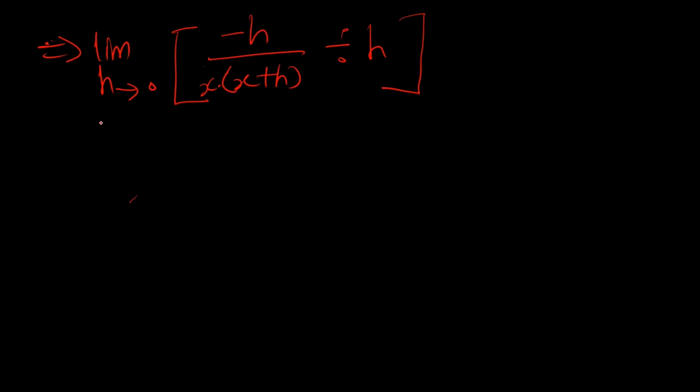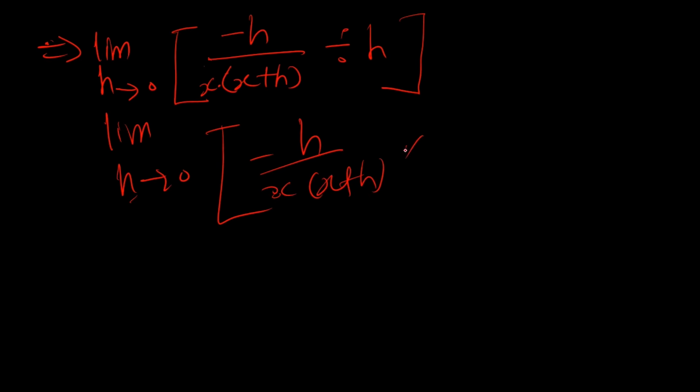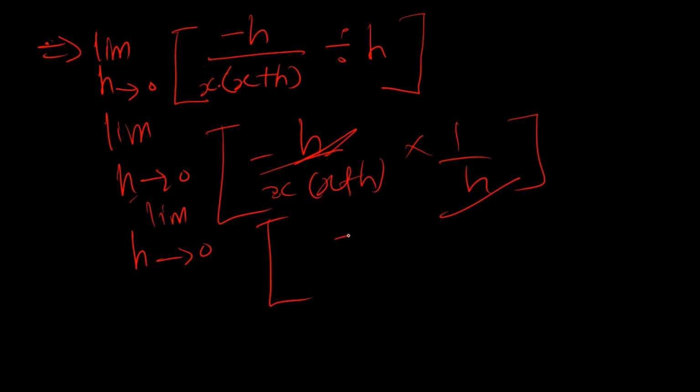Okay. And we can rewrite this as the limit as h approaches 0 of negative h all over x multiplying (x plus h) times 1 over h. This will take care of this. And we get the limit as h approaches 0 of negative 1 over x multiplying (x plus h).